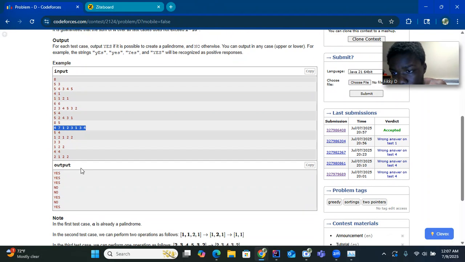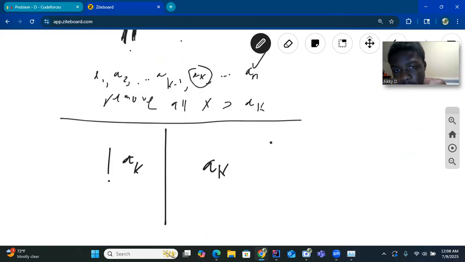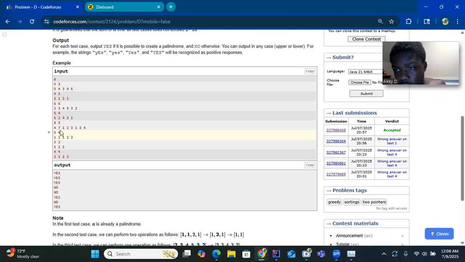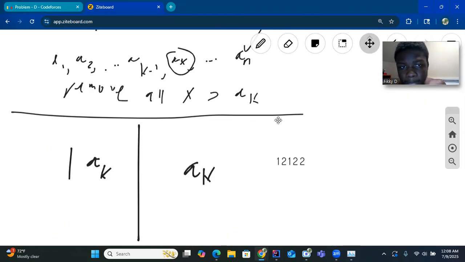So let's try this on a sample to make sure we're chilling. I didn't give us the most interesting examples, but in this case we have 4.